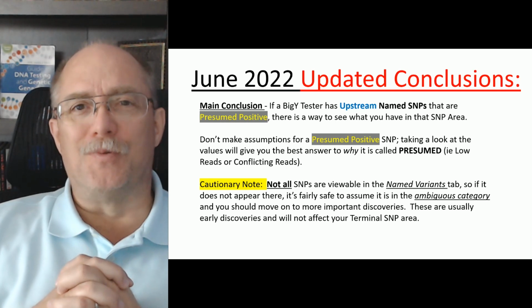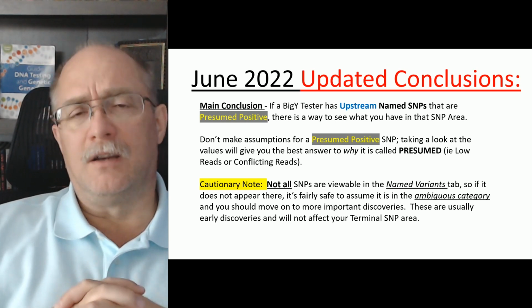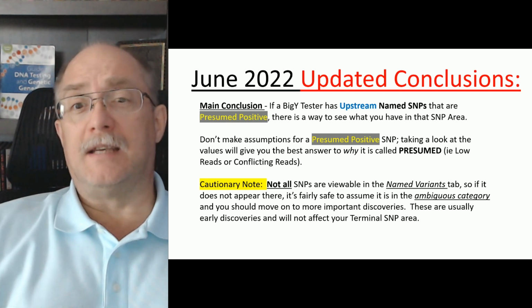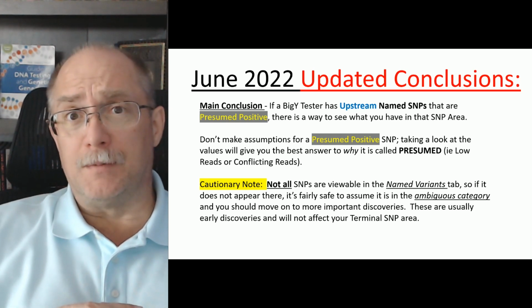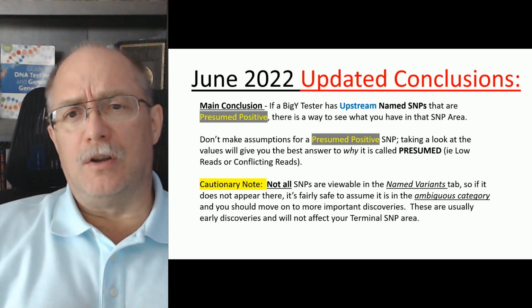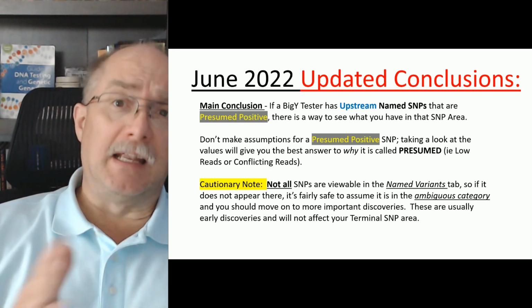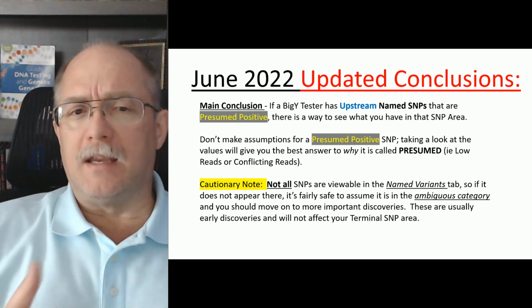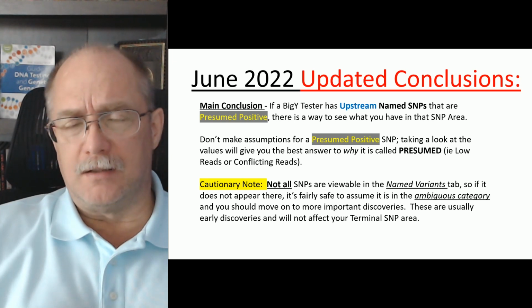So the June 2022 updated conclusions are, the main conclusion is if a Big Y tester has upstream named SNPs that are presumed positive, there's a way to see what you have in that area. Okay, and that's again described in the how-to section in the previous video. And don't make assumptions for the presumed positive SNP.